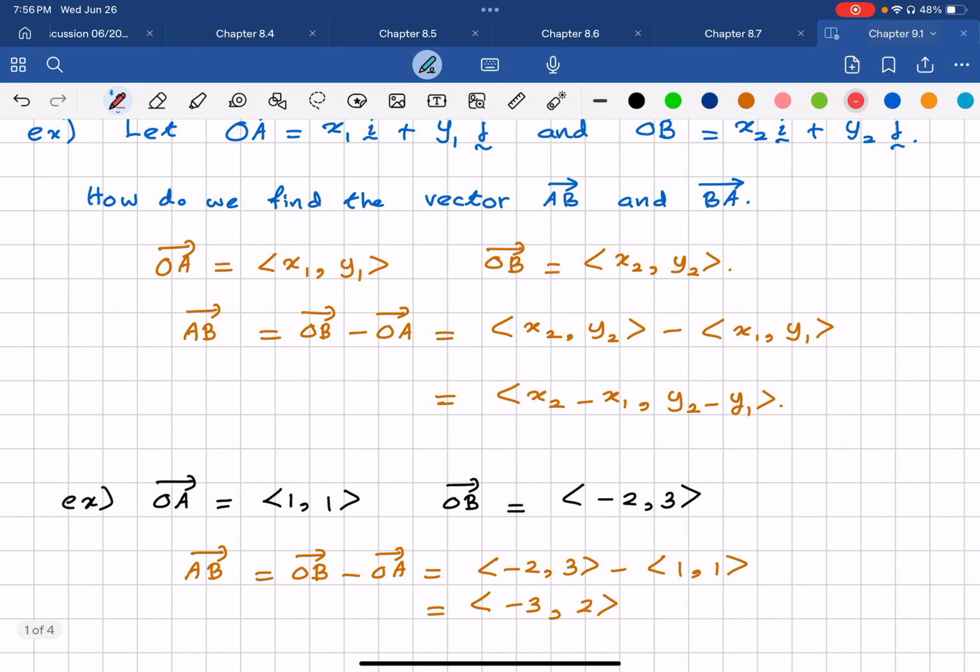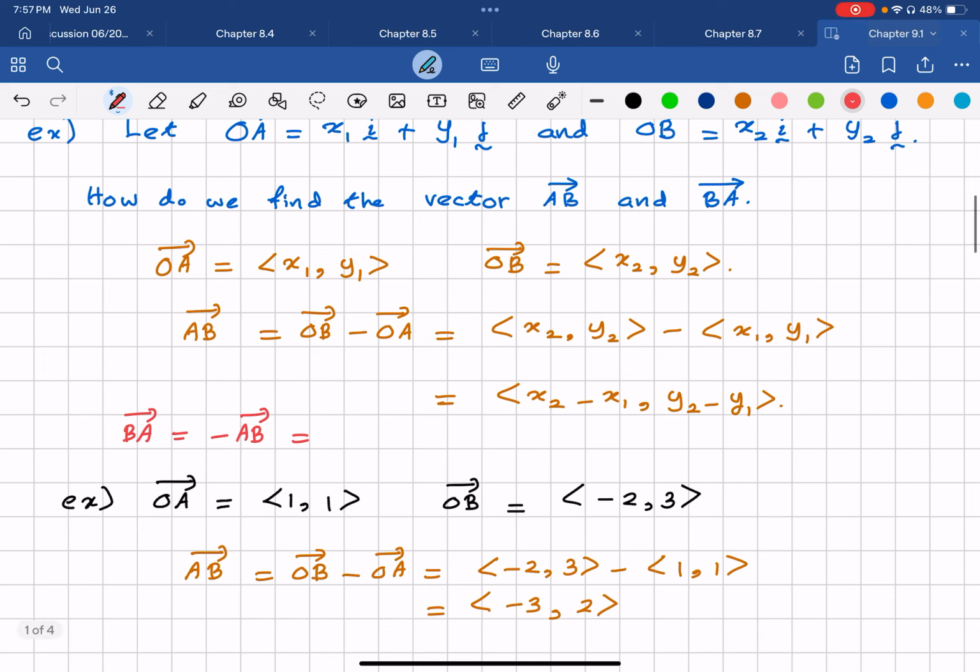So how would we find BA? When I'm going from AB to BA, I just change the direction. So what I would have to do is BA is negative AB. If you multiply the vector AB by a negative sign, you would get vector BA.